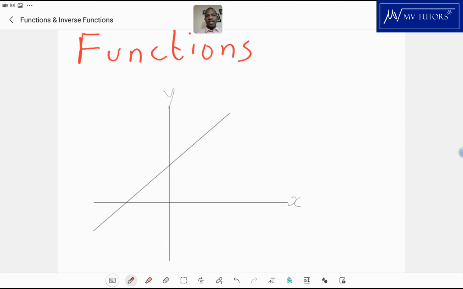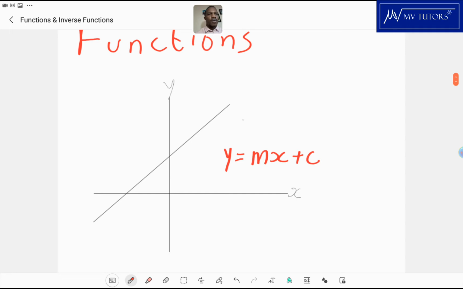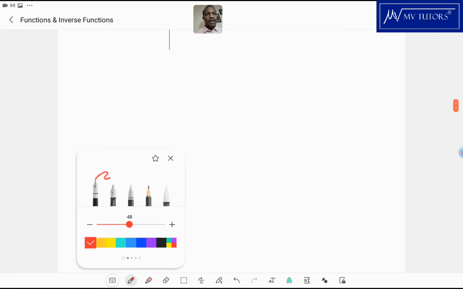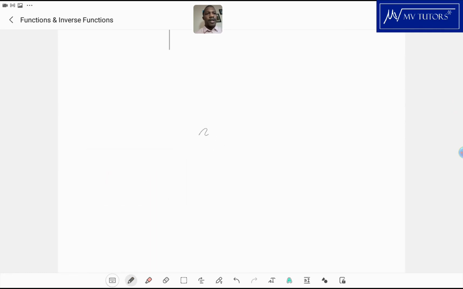So the basic equation for this line is just y equals, do you know it? No, you don't. It's mx plus c. So this is what we call a straight line, or let's just call it a line.